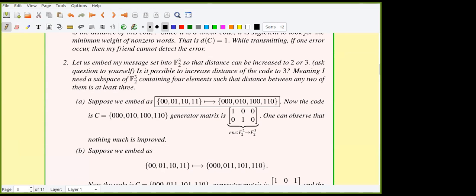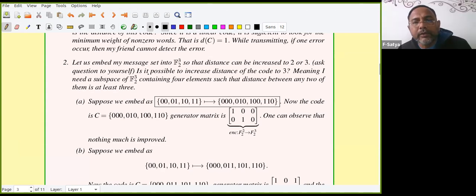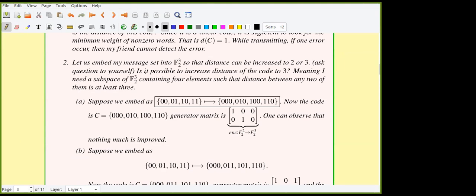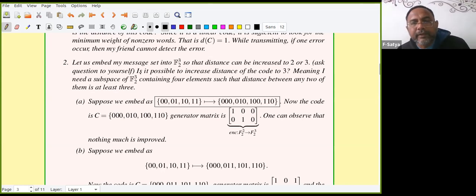No, sir. Why is it not possible? Can you explain to others? If the distance between any two of them is 3, then they must differ in all 3 places. So basically we can have at most 2 such code words, 0, 0, 0 and 1, 1, 1.